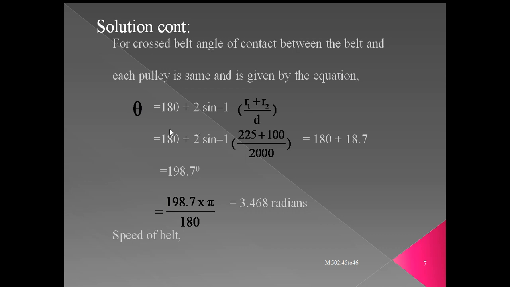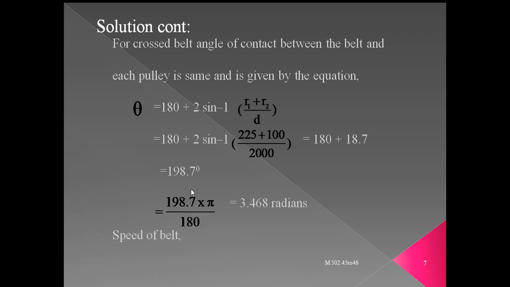So theta equal to 180 plus 2 alpha, where alpha is sine inverse of (R1 plus R2) by D. That is 180 plus 2 into sine inverse of (225 plus 100) by 2000, which is 180 plus 18.7, so it is 198.7 degrees.